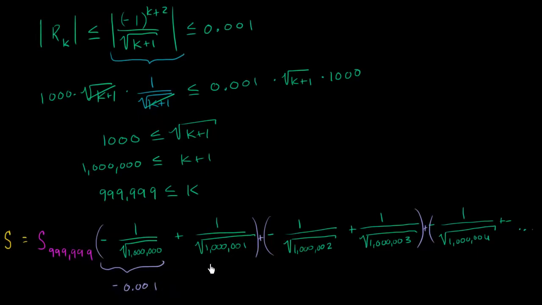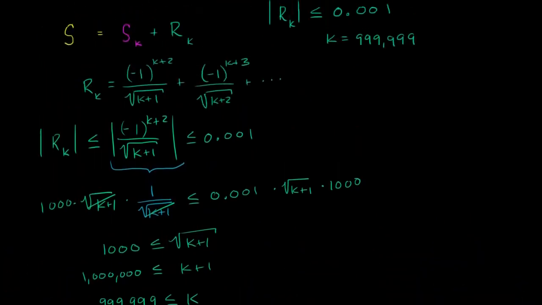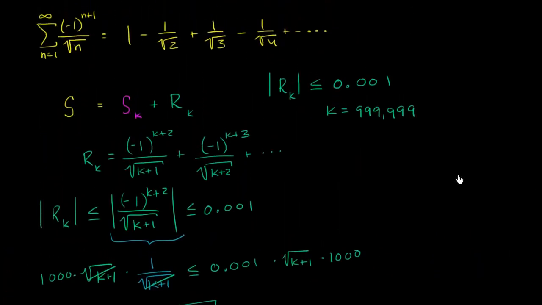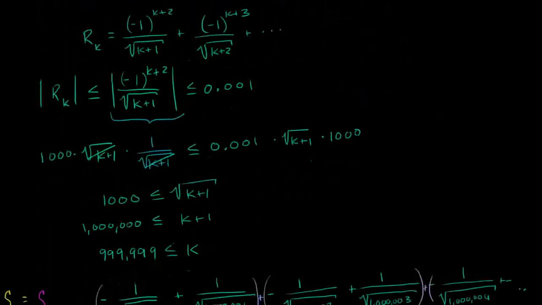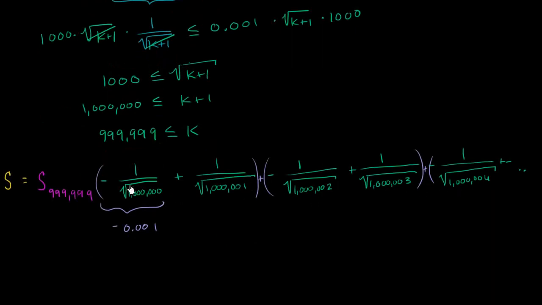So that tells us that the absolute value of the remainder can't get any larger than 1,000th. As we add more and more terms here, we're not going to get any further away from the actual sum than the first term.